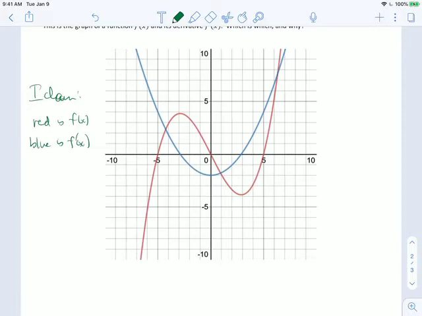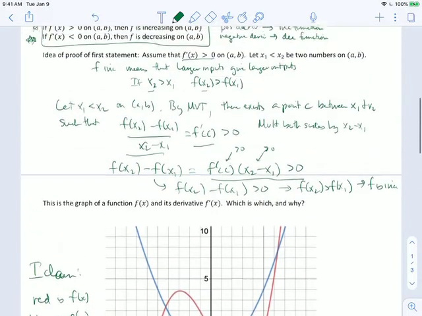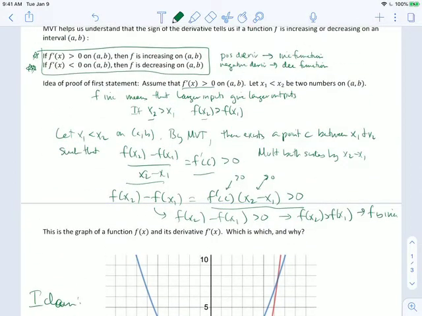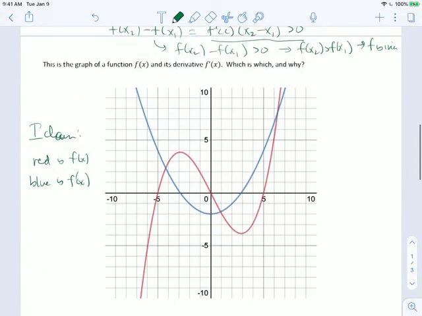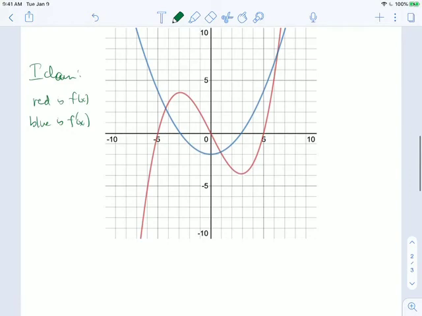So let's see why that's the case. I'm going to come back and rely on these two statements up here to help me figure this out. Recall when the derivative is positive, f, the function, is increasing.